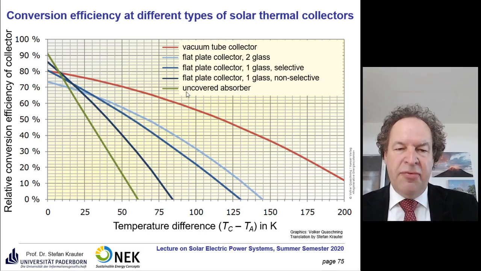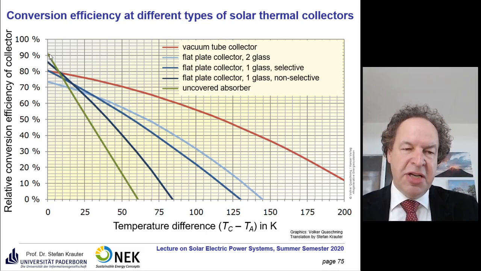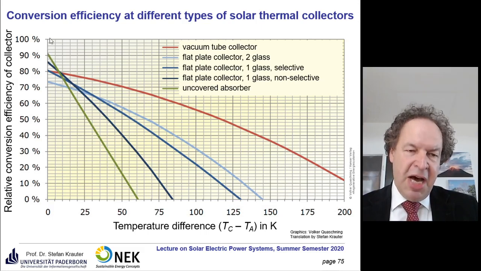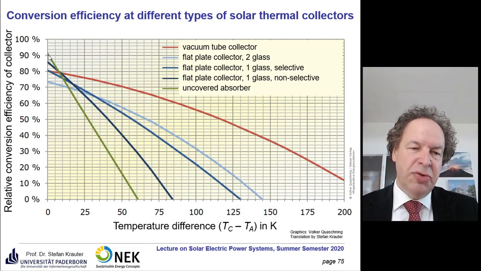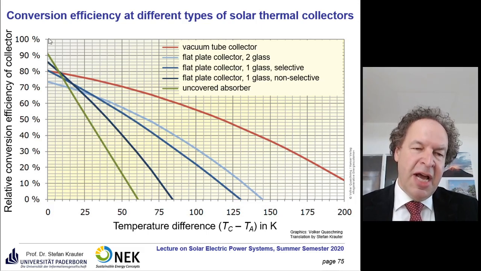And the opposite, we have an uncovered absorber, so it's just a black tube without any glass, and this has this curve. Interestingly, you see the optical losses are quite low, because you don't have any glass sheet, so there are no optical losses at the glass sheet. You just have the 9% absorption losses at the surface of your absorber.